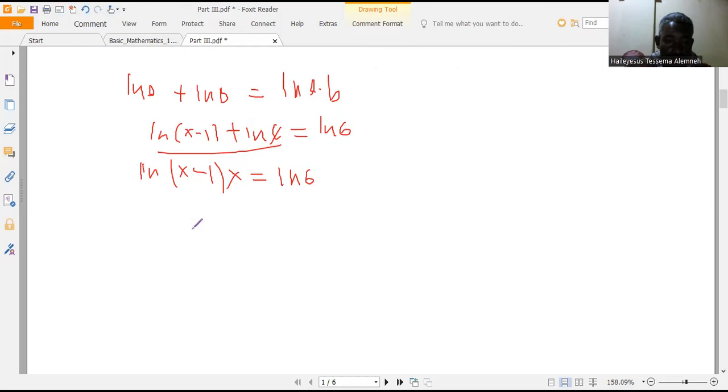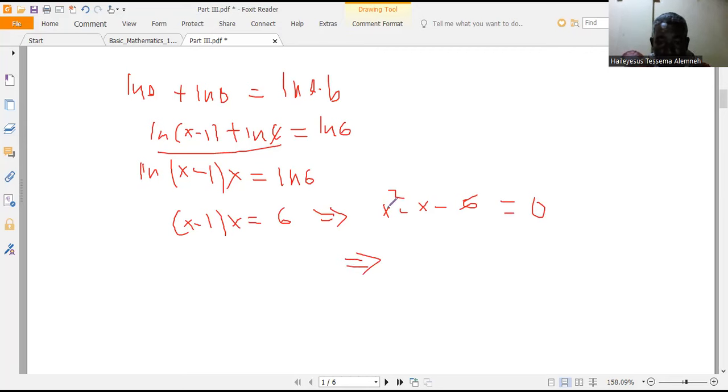Removing ln on both sides, using the natural exponential function, we get (x minus 1) times x is equal to 6, which is the same as x squared minus x minus 6 equal to 0. Two numbers whose product is minus 6 and sum is minus 1 are minus 3 and 2.